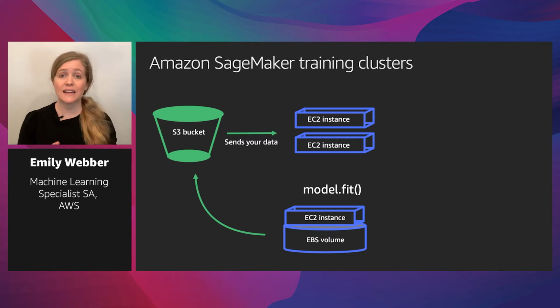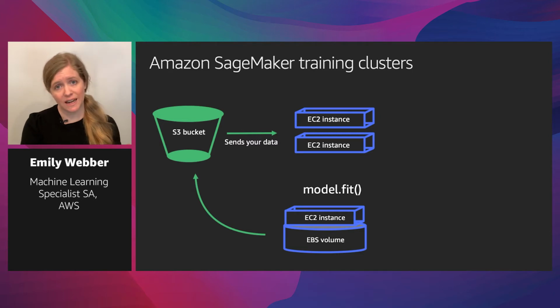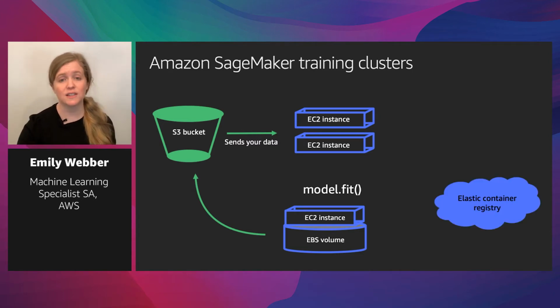And so SageMaker is, again, turning on a new EC2 instance, or a number of these. And these are going to be dedicated to our model. And these are up, right? These are up for the number of seconds our model is training. After the data lands on that instance from S3, we're also going to see the Elastic Container Registry coming into play. And now ECR is hosting the image, right? It's hosting the script, it's hosting our packages.